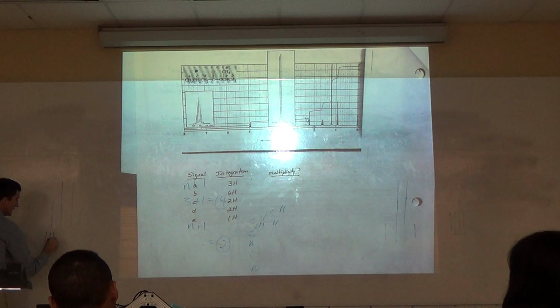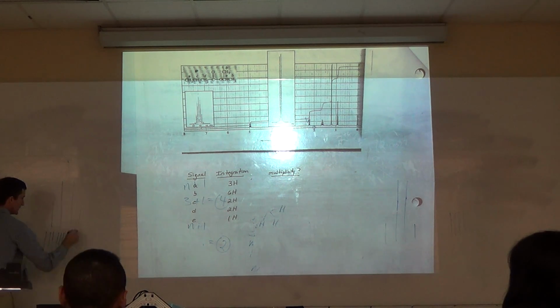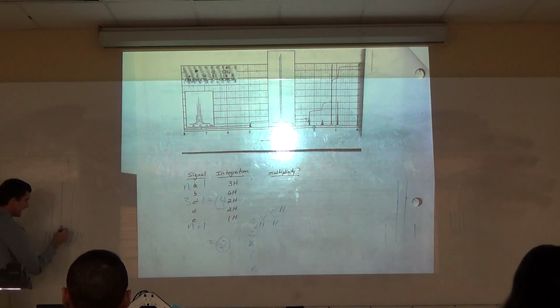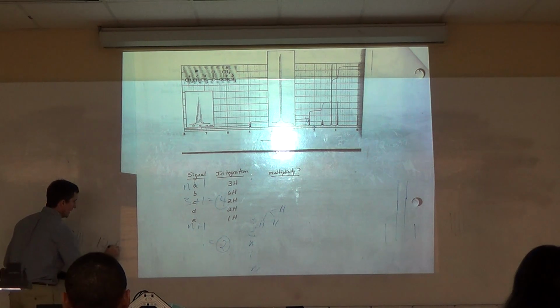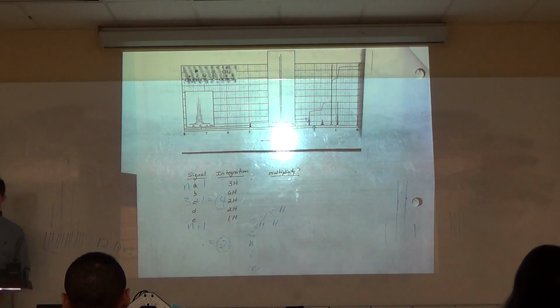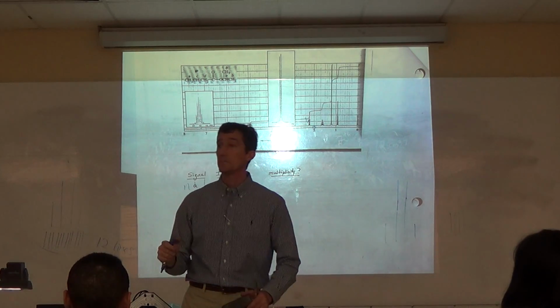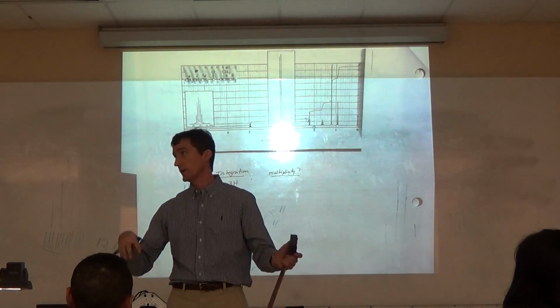This becomes a triplet, this becomes a triplet, this becomes a triplet, this becomes a triplet. I'm not going to worry about the intensity of each, just the total number. How many lines do you get? 12 lines. It's not 6, it's 12. Don't think it's always multiplied by 2. It's called complex splitting. All it means is you have to do the n+1 rule twice.